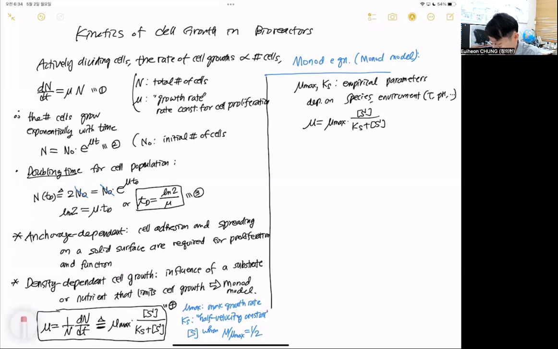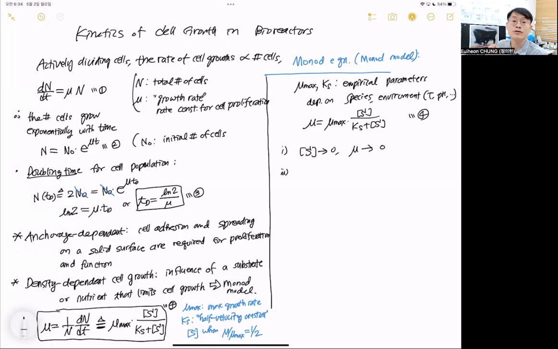First of all, what if there's no substrate? Then probably it won't grow. Let's check. When substrate concentration goes to 0, then in equation 4 the growth rate also goes to 0, as long as Ks is non-zero. So that's right.